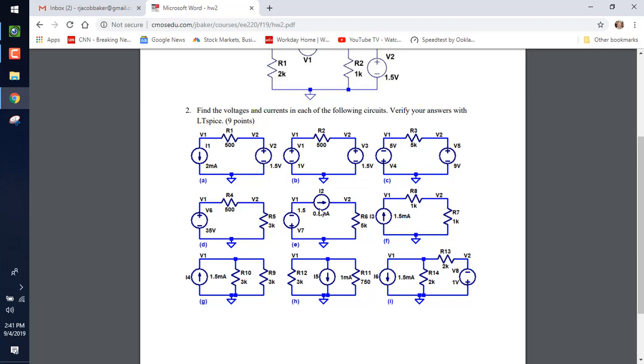So if I define the voltage across this resistor as plus and minus, what is the voltage across the resistor? 0.5, 1.5 minus 1. If I define it as plus and minus like this, what's the voltage across the resistor? Minus 0.5, it'd be 1 minus 1.5. Easy, right?